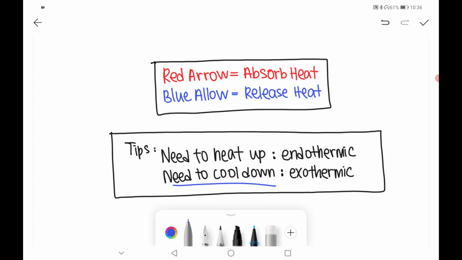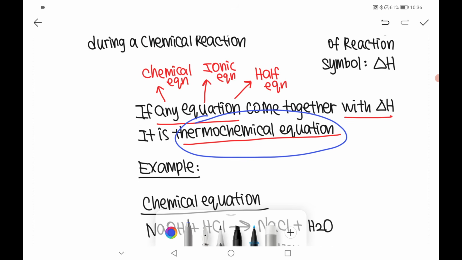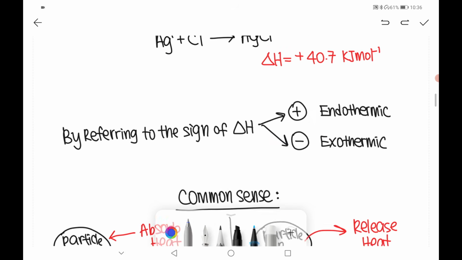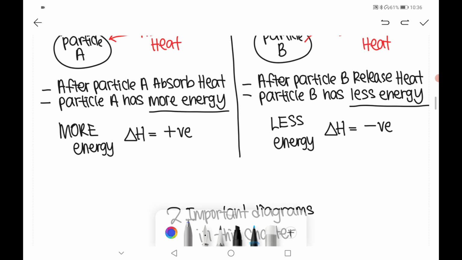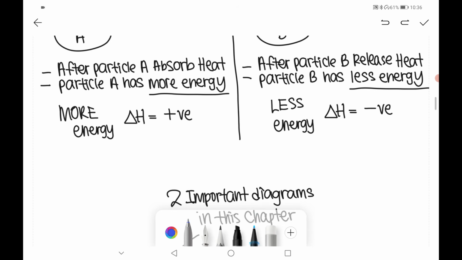If that process you need to cool it down, it's exothermic. You must know what is a thermochemical equation, and how to use the positive and negative sign to tell whether it's endo or exothermic. By looking at the sign, you should know it's endo or exo.